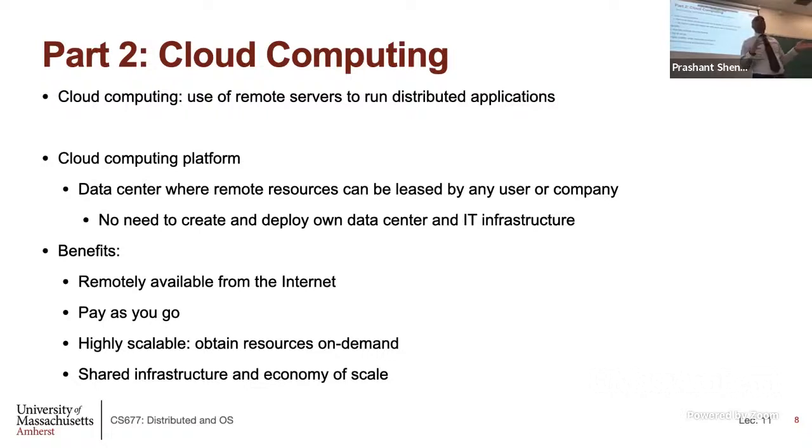In the old days, when you ran servers in your own facility and your machines got overloaded, you literally had to go buy another server, which may take 2 or 3 weeks to arrive, and then you actually add capacity to your application. Here, you can add capacity in minutes, not weeks or days. Okay? So it's much faster to provision resources on demand. It's a shared infrastructure because you are not the only customer the cloud provider has. There are many customers, so they can build these huge data centers and get economies of scale, which means that they can give you a lower cost than you might incur if you build your own data center.